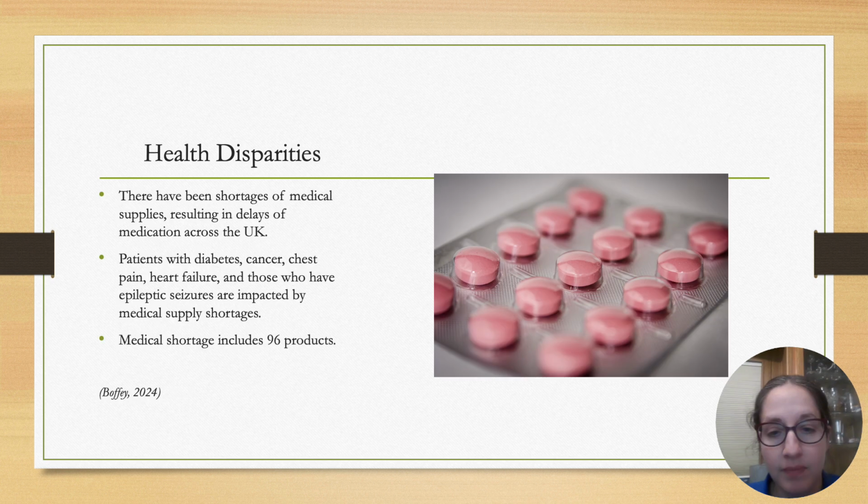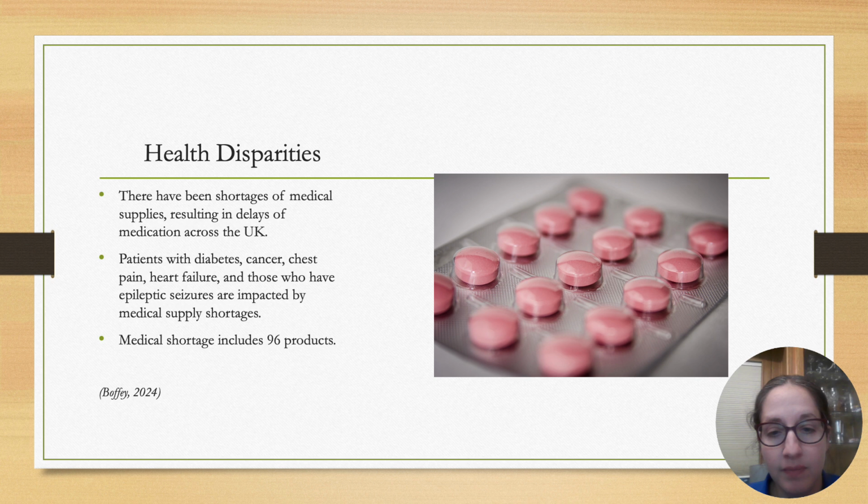For health disparities, there has been a limit in medical supplies to patients in the UK, and it has caused impacts to patients with diabetes, chest pain, heart failure, cancer, and even those who have epileptic seizures, according to BOFI 2024. According to BOFI 2024, there could be delays in treatment that can extend 2 months.